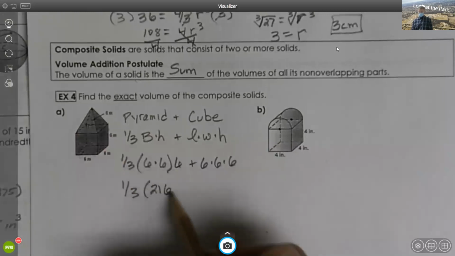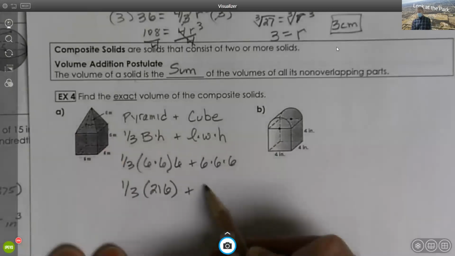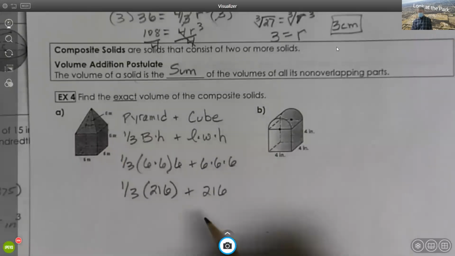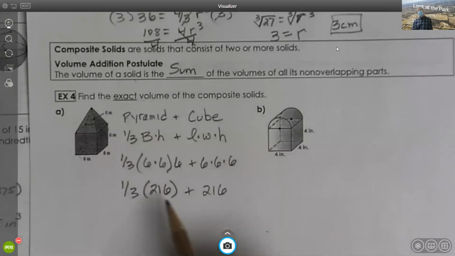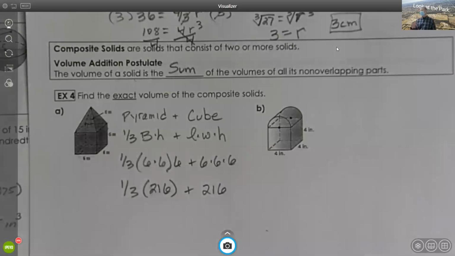So 6 times 6 times 6 is 216. We actually had that calculation twice. When you take 1/3, it's kind of neat, if you add your digits together, 2 plus 1 plus 6 adds up to 9.